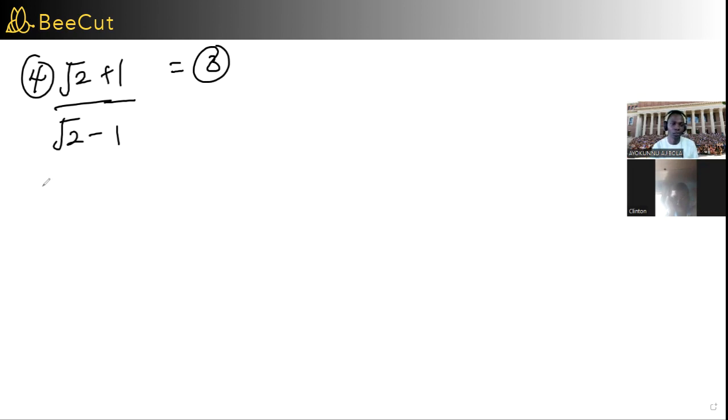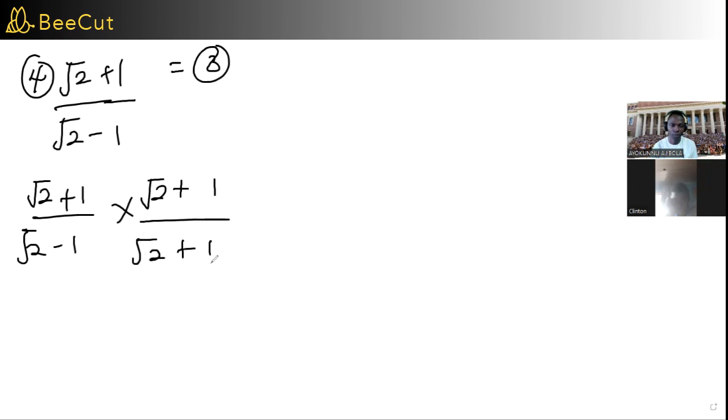So this is going to be root 2 plus 1 over 2 minus 1 times 2 plus 1 over 2 plus 1. Okay.